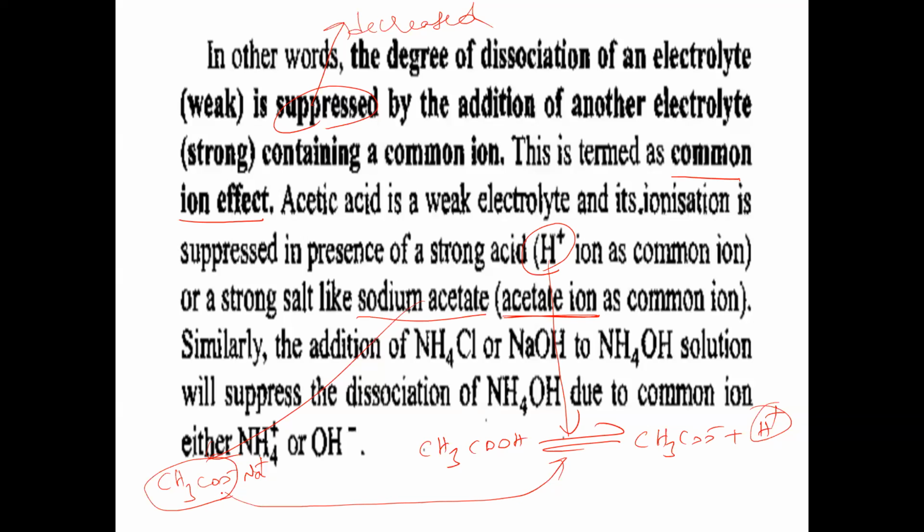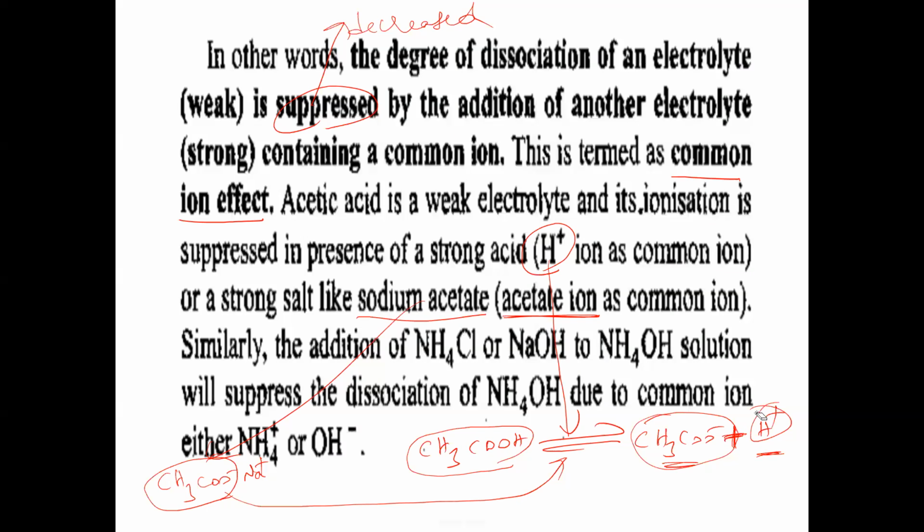When we add the acetate ion, its concentration increases. Then what happens? The backward direction will take place and suppression of dissociation of acetic acid will take place. So when we add either acetate ion or H plus ion, the backward reaction will take place.